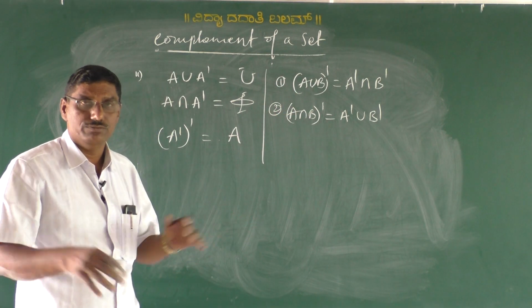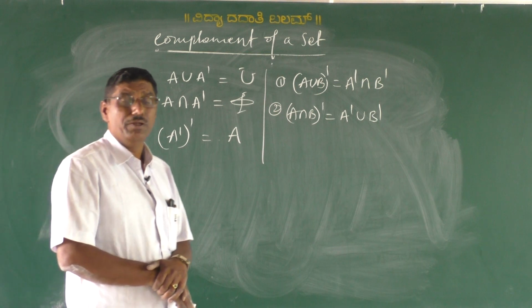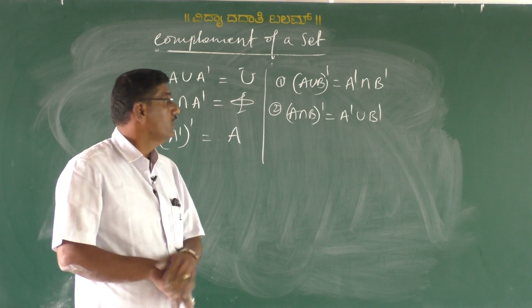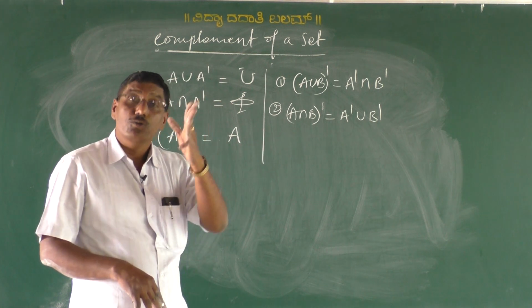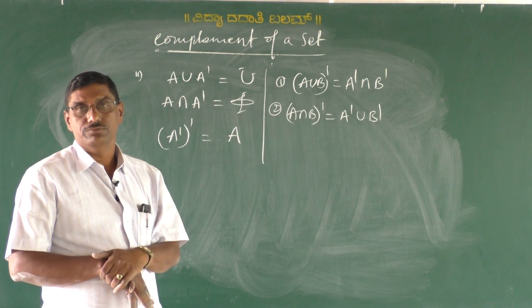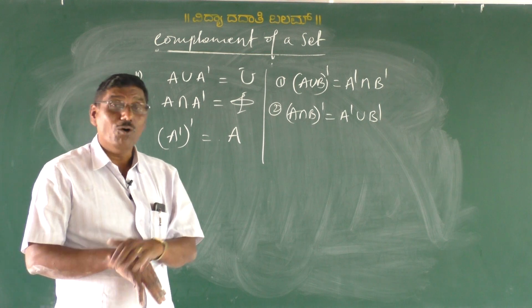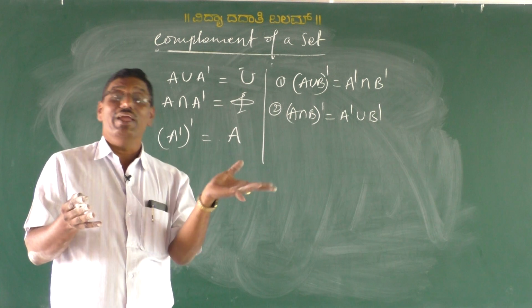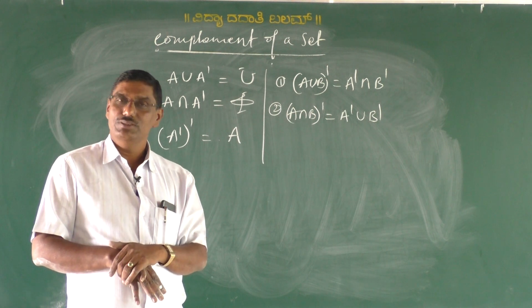We can verify by taking examples, that is the sets A, B and the universal set. Because without the universal set we cannot find the complements of any sets, isn't it?